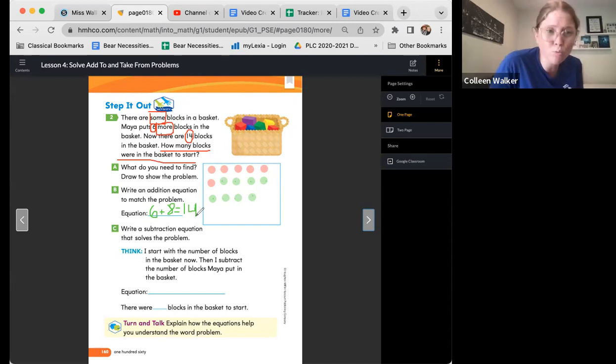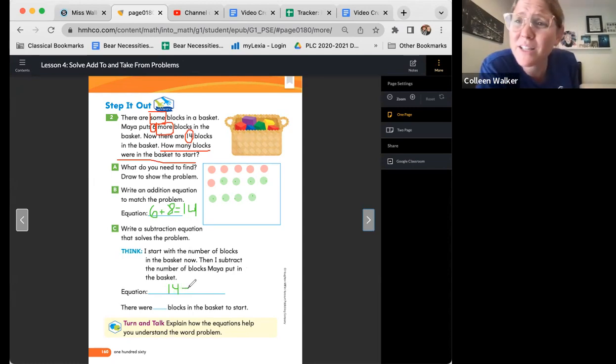So now it says, write a subtraction equation that solves the problem. Think, I start with the number of blocks in the basket now. Then I subtract the number of blocks Maya put in the basket. So we started with 14, and it tells us to subtract how many she put in the basket. How many did she put? Yes, she put 6.